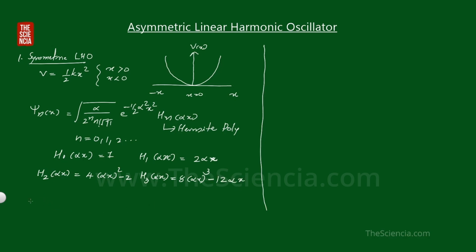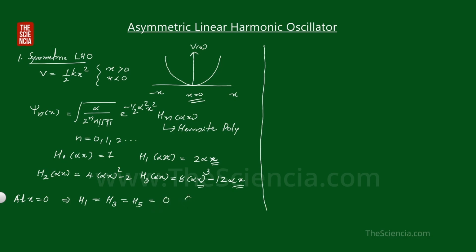At x equal to 0, the Hermite polynomial H1, you see there is an x, so H1 will be equal to 0, and H3 also will be equal to 0, and H5 also will be equal to 0.